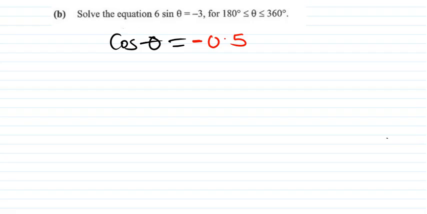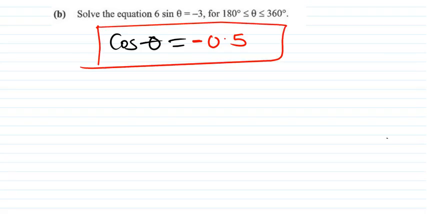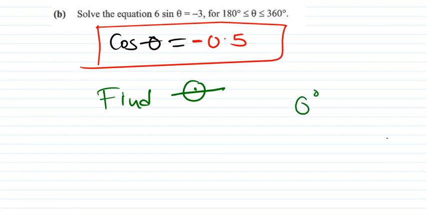I want you to find the answers. Find theta. Let's see in the comment section the answers you're going to find. You should find two answers that are between 0 degrees all the way up to 360 degrees, the ones that can give us a negative 0.5.